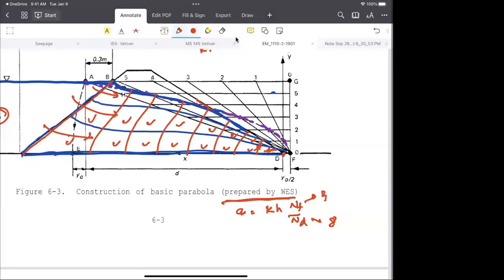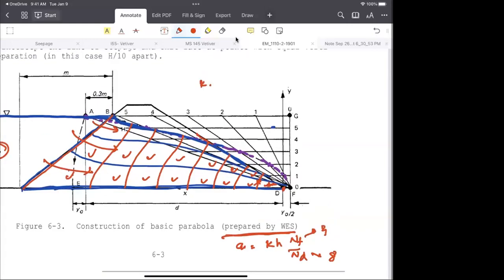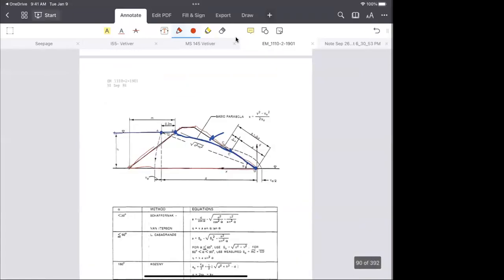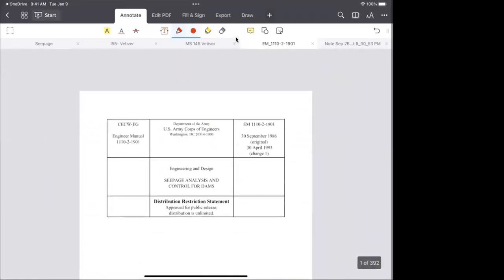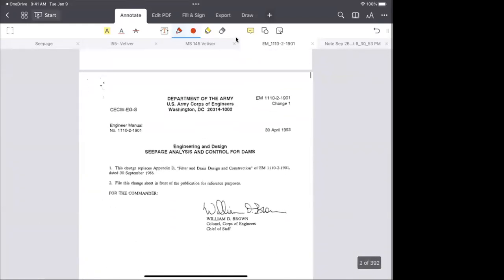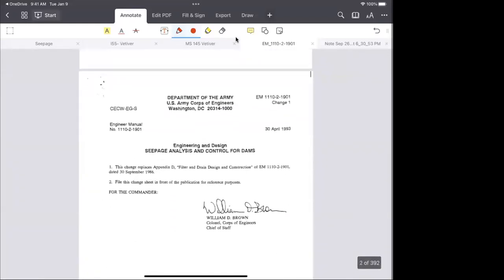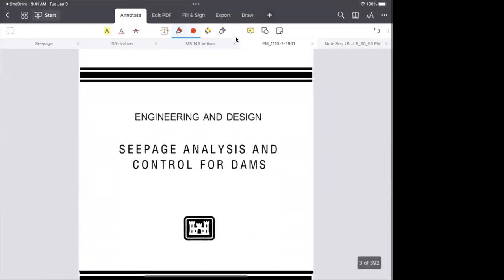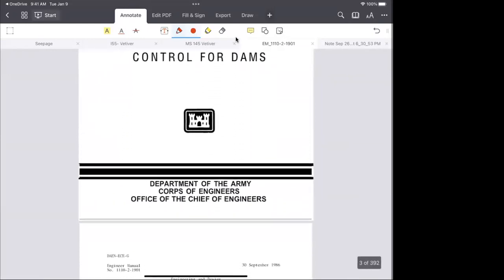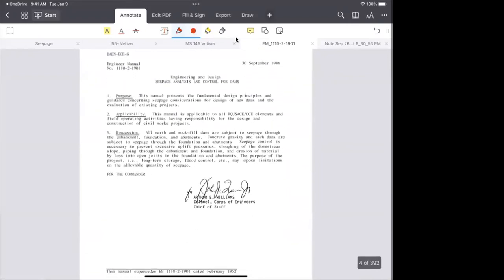So this method is prepared by them. It's developed by them. And let me also show you this. Where is the?